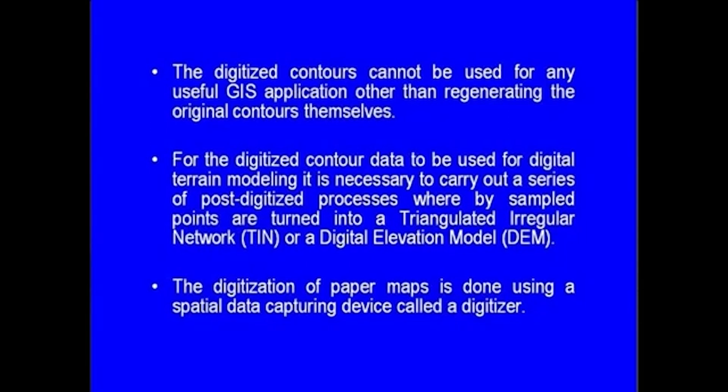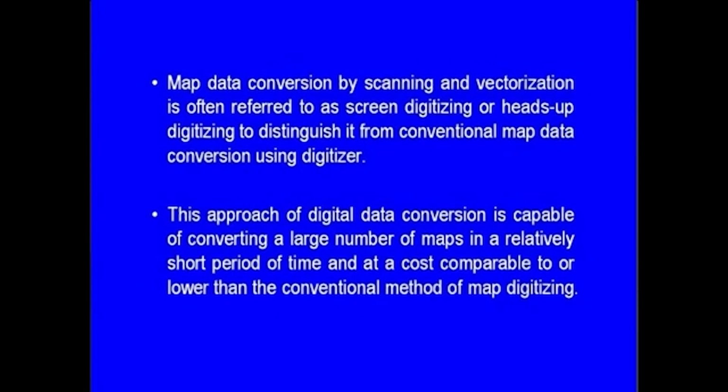The digitization of paper maps is done using a spatial data capturing device called a digitizer. Map data conversion by scanning and vectorization is often referred to as screen digitization or heads up digitization to distinguish between the conventional data conversion using digitizers.